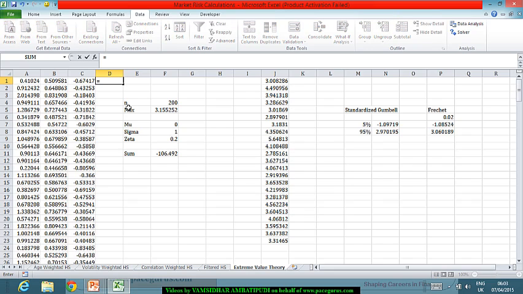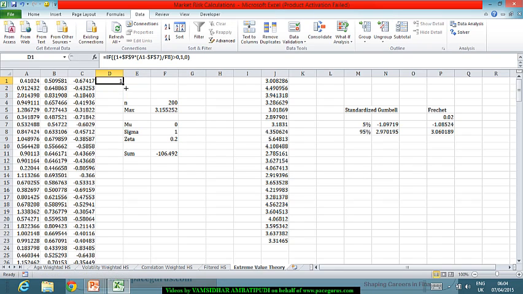So here I should talk about 1 plus zeta times x minus mu divided by sigma. This should be positive, right? So what I can very well say is, if this entire thing is greater than 0, I'll say it as 1, otherwise I'll take it as 0.